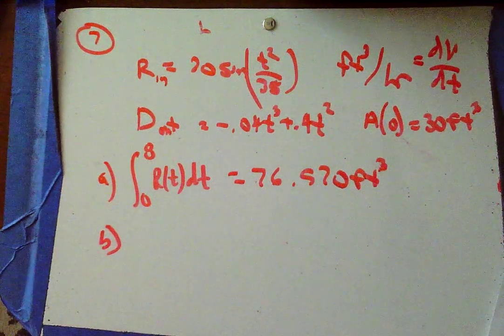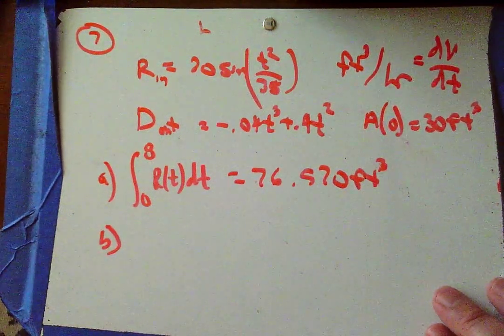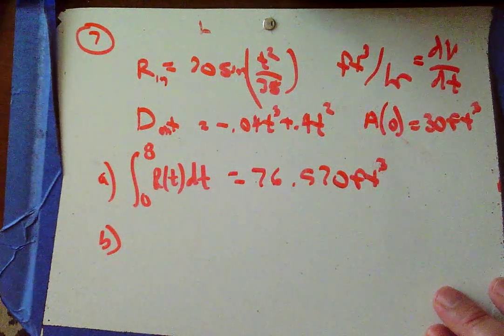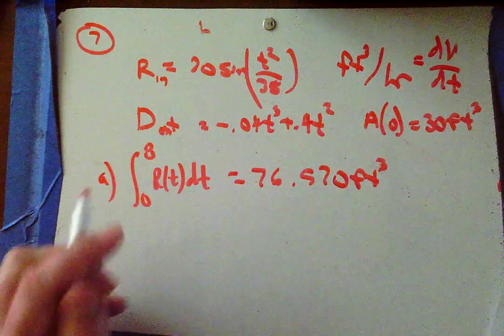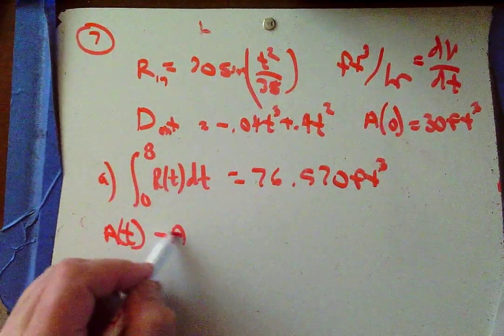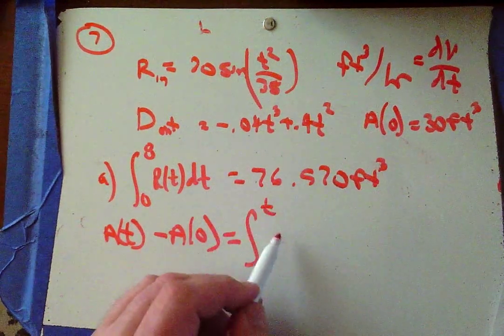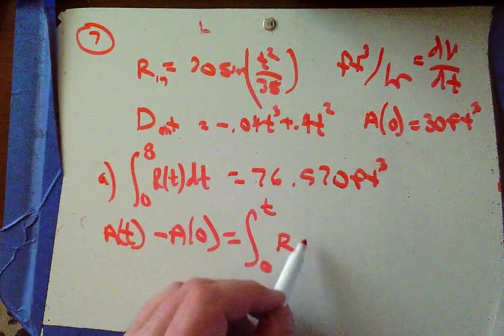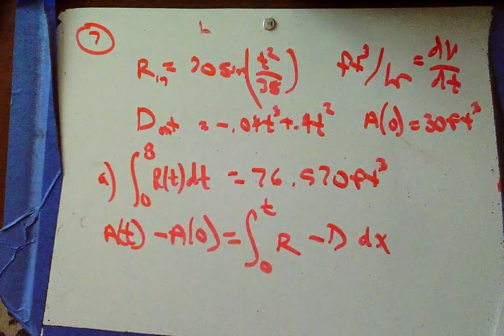Part B, let's see what we've got here. Is the amount of water in the pipe increasing or decreasing at time t equals 3? So let's write an amount function. A(t) minus A(0) equals the integral from 0 to t of rate in minus rate out dx.